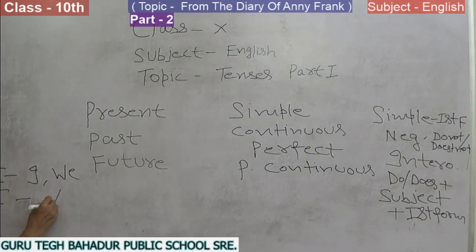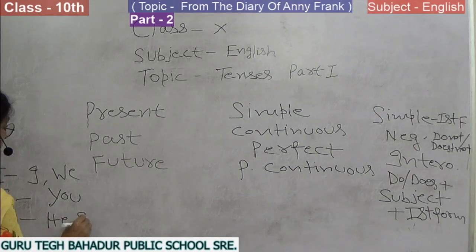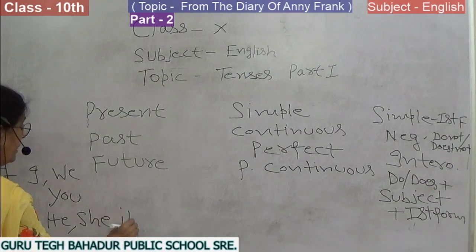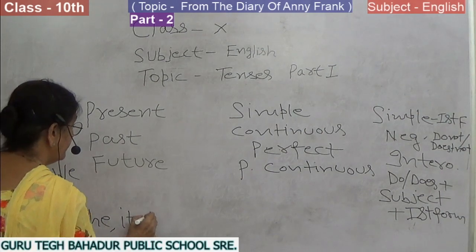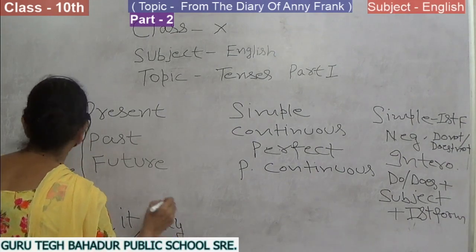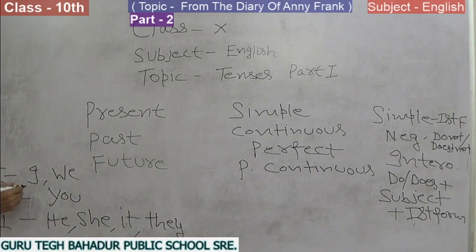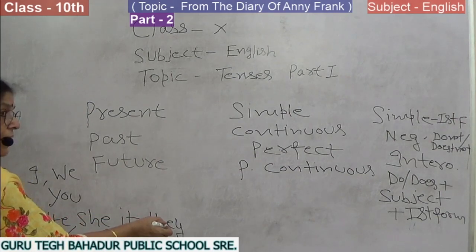Second person: you. And third person: he, she, it, they. Here, first person, I is singular, we is plural. Second person, you is singular, you is plural also. Then third person, he, she, and it are singular, and they is the plural.